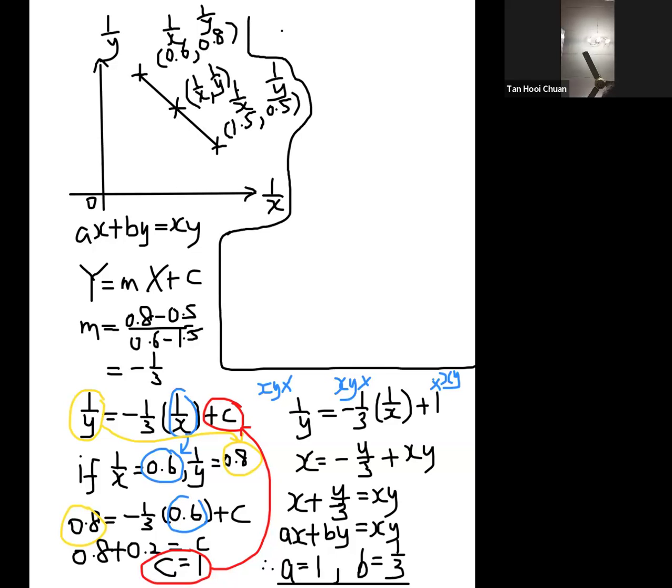So we use 1 over y minus, let's say, 0.8 divided by 1 over x minus 0.6. Then it will equal to the gradient, 0.8 minus 0.5 over 0.6 minus 1.5. So later 0.3 over minus 0.9.